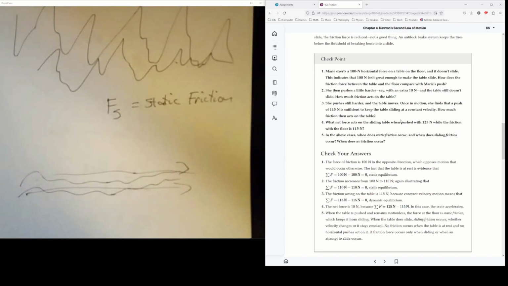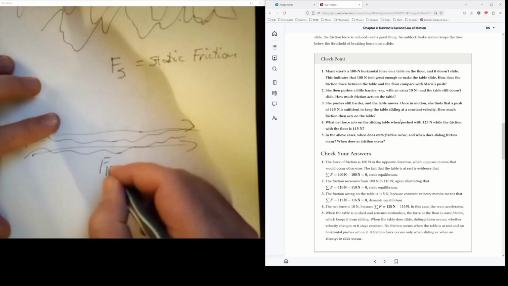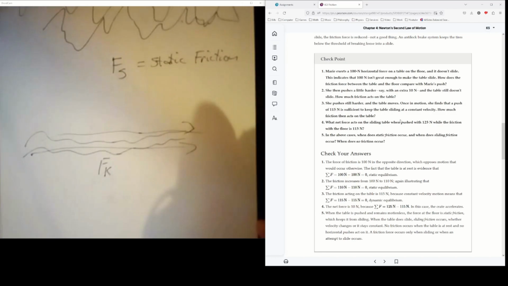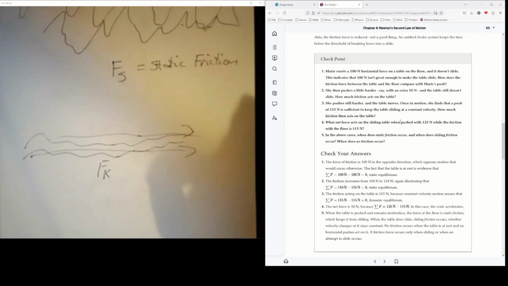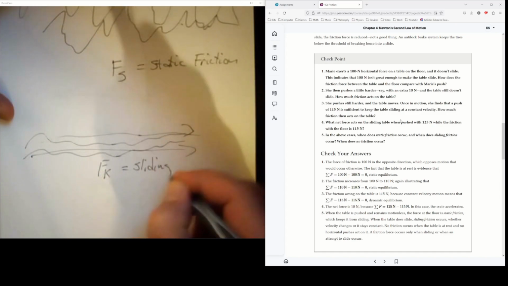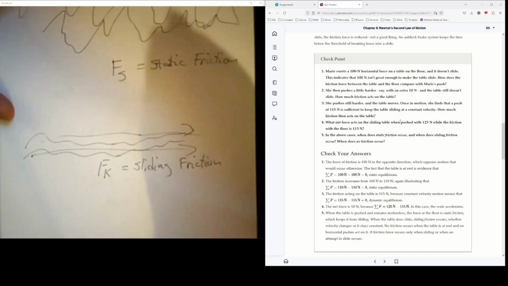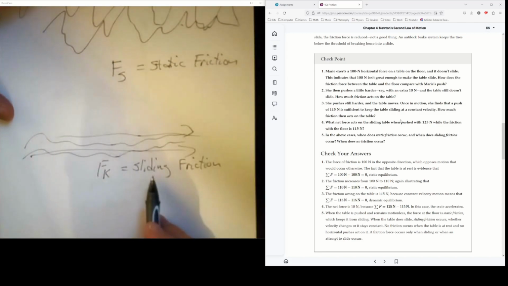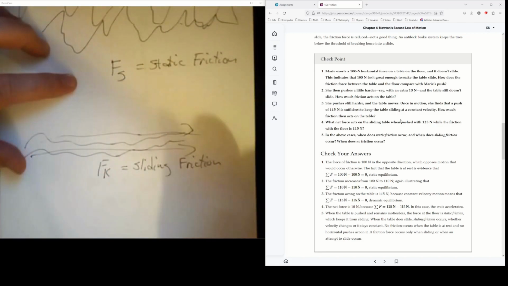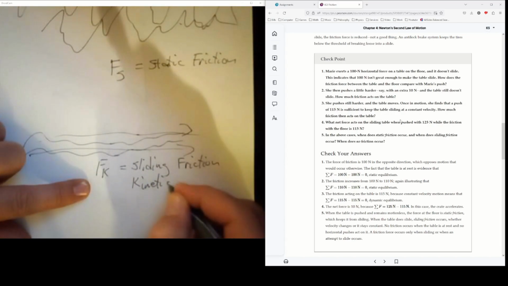And so once it is moving, we actually call this kinetic friction. Kinetic meaning when something is in motion, but they are calling this sliding, so I'll stick with that, sliding friction. I guess I can't use S again because that's static again, but we do call that kinetic.